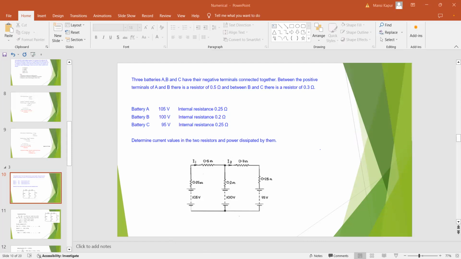So what is the current law? Current entering a junction is equal to the current leaving the junction. Kirchhoff's current law states that the total current entering a junction in an electrical circuit is equal to the total current leaving.